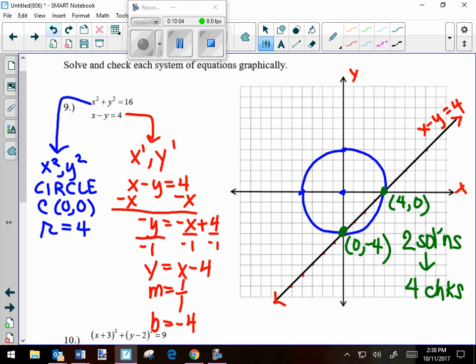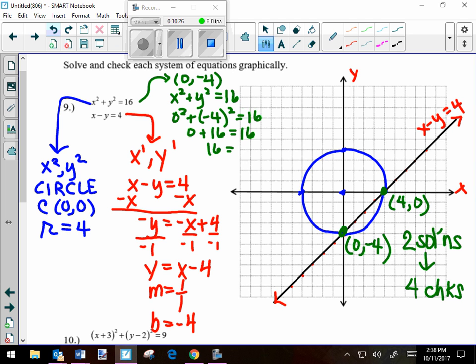So if I go over to the side to write those 4 checks down, I'll try to squeeze them in here. This equation needs to get checked with 0, negative 4. So that'll be x squared plus y squared equals 16. 0 squared plus negative 4 squared equals 16. 0 plus 16 equals 16. 16 equals 16.